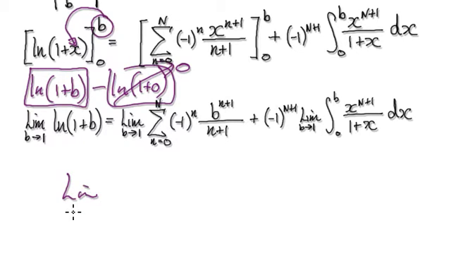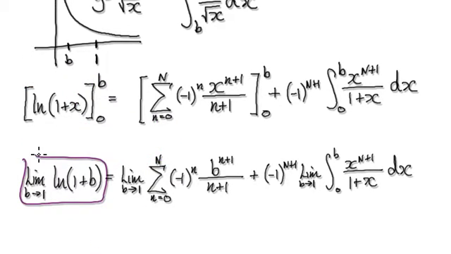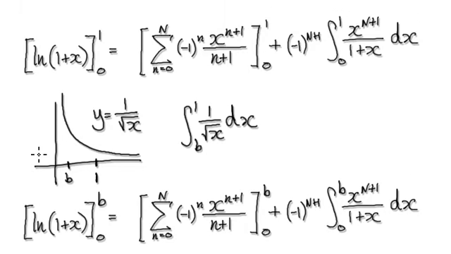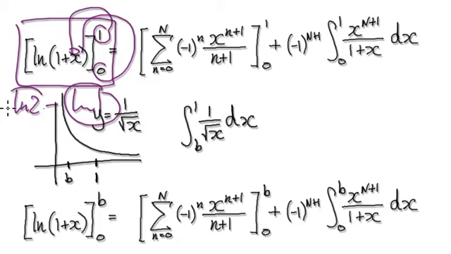Now take the limit as b heads towards 1. That's really the same as you doing natural log of 2. If you go back to here, it's exactly the same thing. You can just put 1 into here, so that's natural log of 2, take away natural log of 1, which is 0. But the point is that you can put it in here.